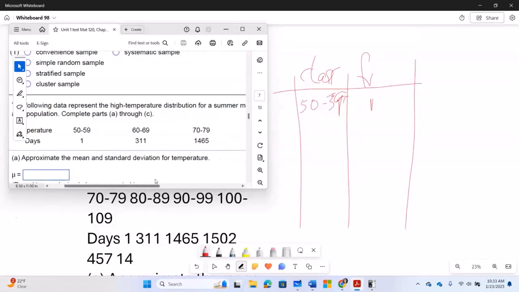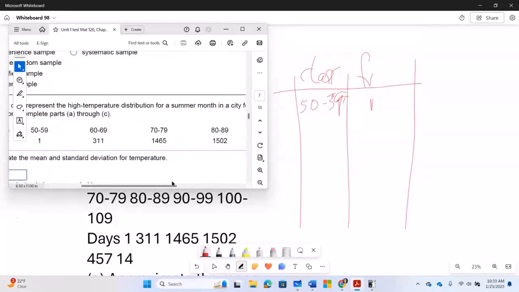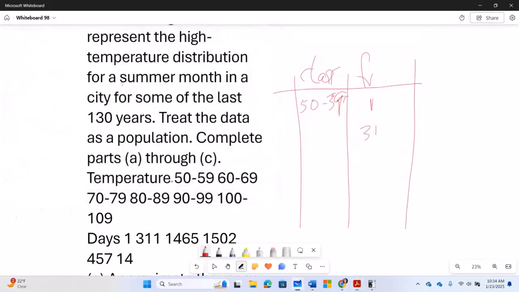Then for 60 to 69 degrees Fahrenheit, we have 311 days.